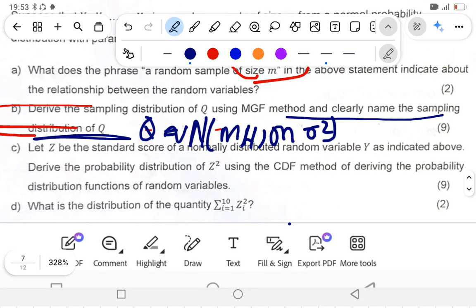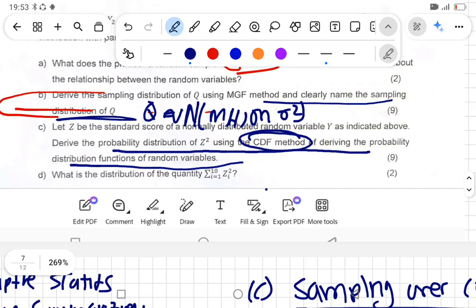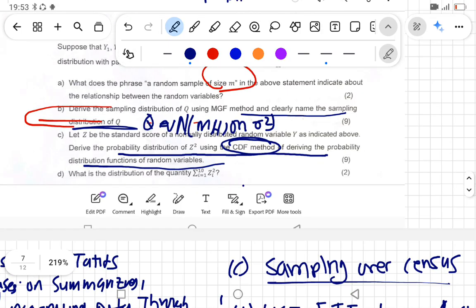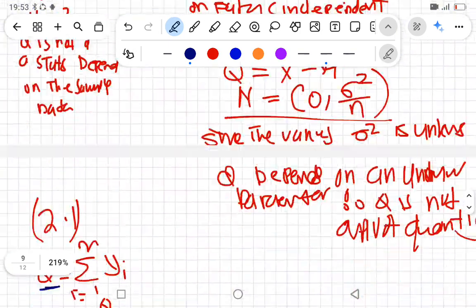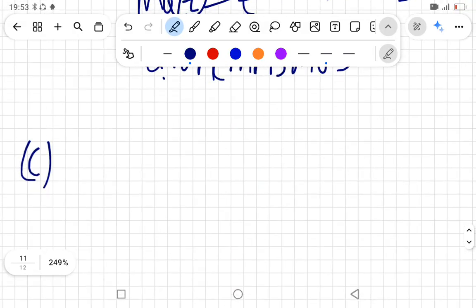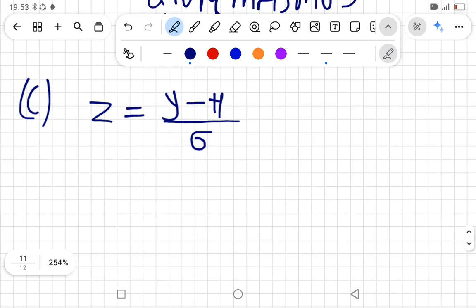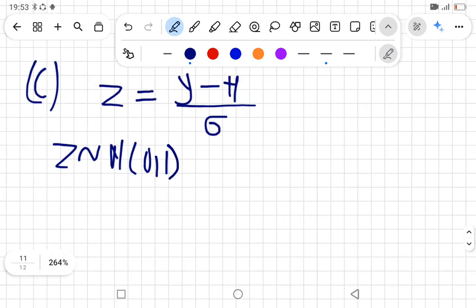And they say derive the probability distribution of Z squared using the CDF method, the cumulative distribution function of the random variable Z squared. So we know that generally Z will be equal to Y minus mu over sigma, and Z is normally distributed with mean 0 and variance 1.